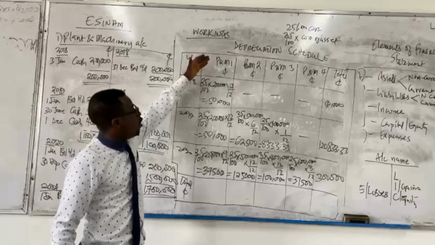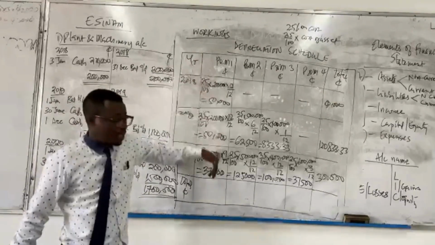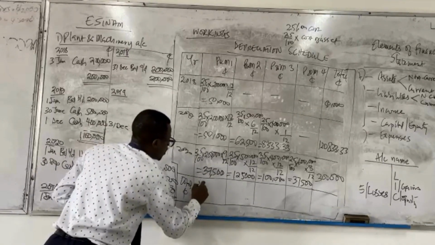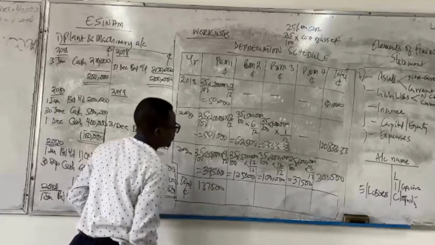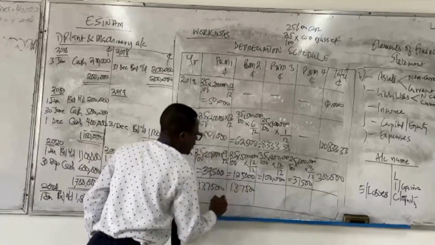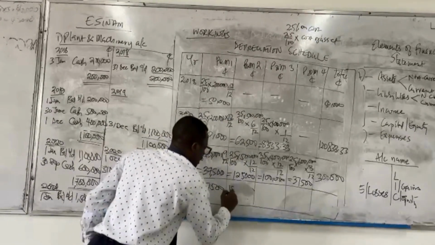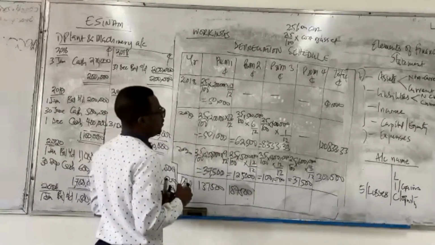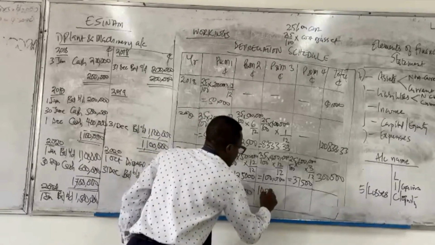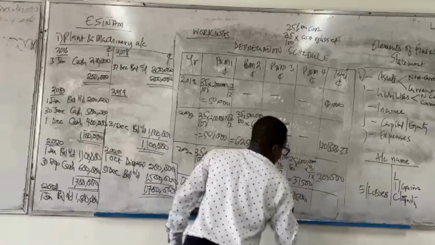Therefore, for plant and machinery 1, the depreciation in 2018, 2019, and 2020 are going to be added together. From here, we're going to have 137,500, and then 187,500 for plant and machinery 2 accumulated depreciation. Then for plant and machinery 3, we are going to have 108,123. Then for plant and machinery 4, we're going to have 37,500.